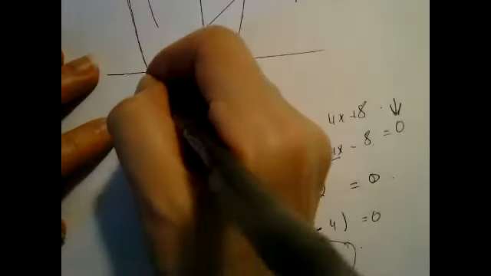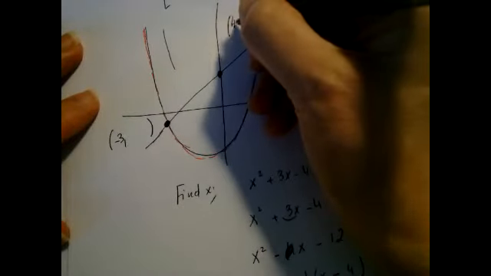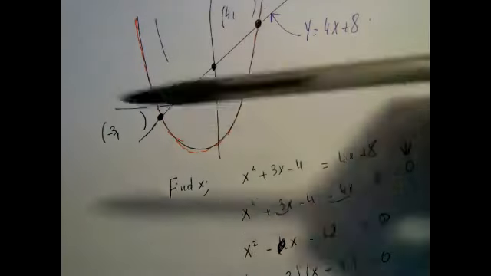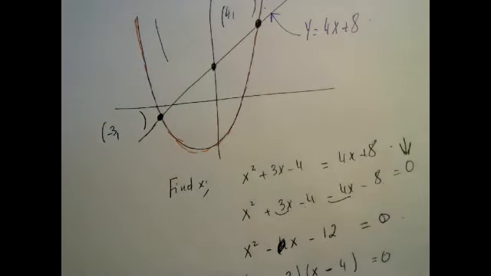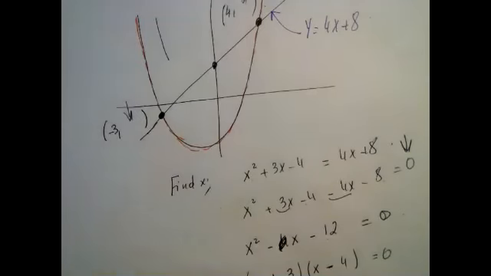So this point should be the negative one, and this should be the positive one. Now the question is, you have to find the coordinates. It means I actually want both this one and that one. How can I find the second coordinate quickly?